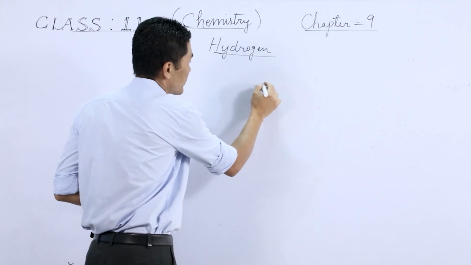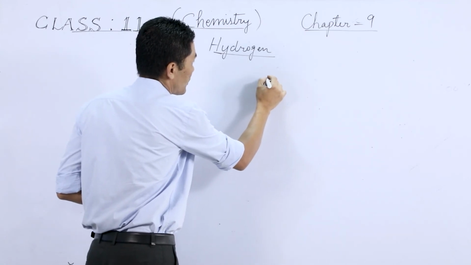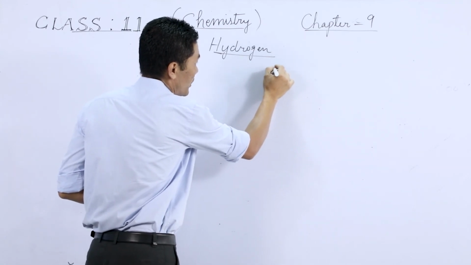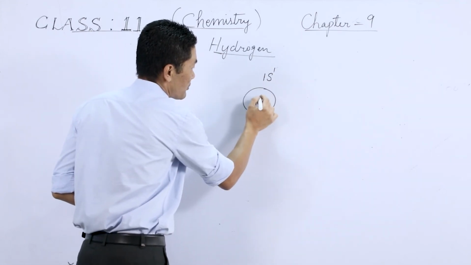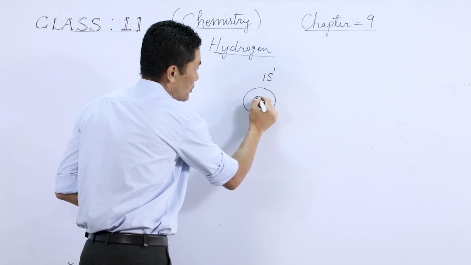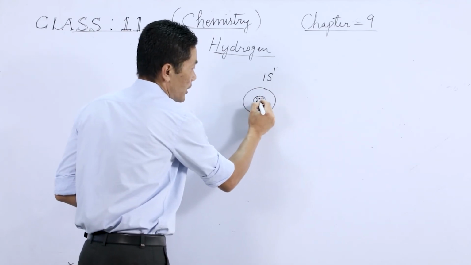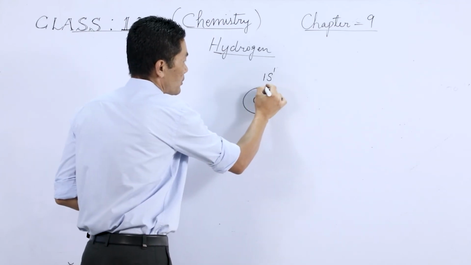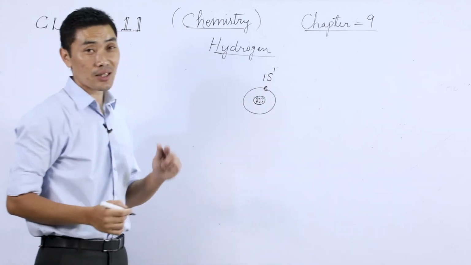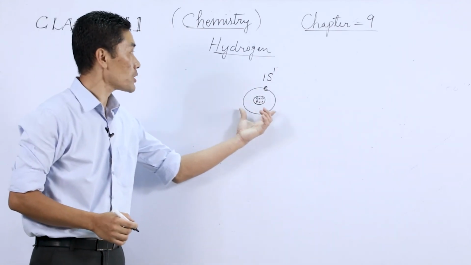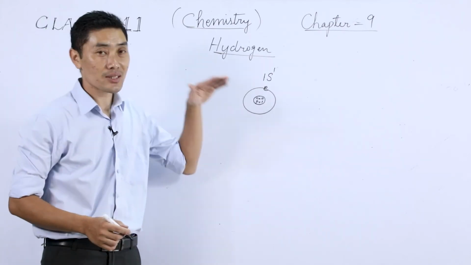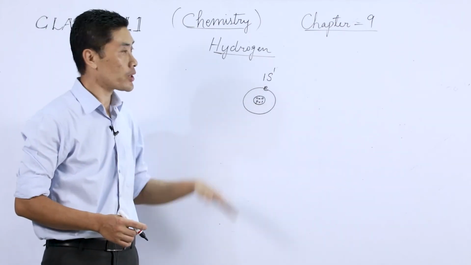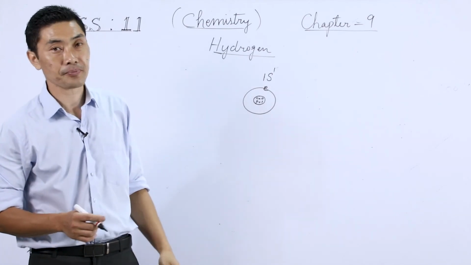Therefore, the configuration of hydrogen is 1s1, and if we draw the atomic structure, we will have the nucleus with no neutrons and only one proton and only one shell with a single electron. This is the simple atomic structure of hydrogen. So not only is it the lightest element, it is the element with the simplest atomic structure.